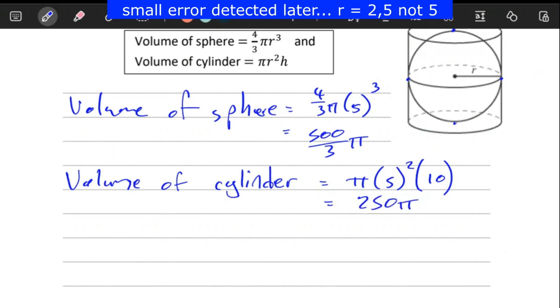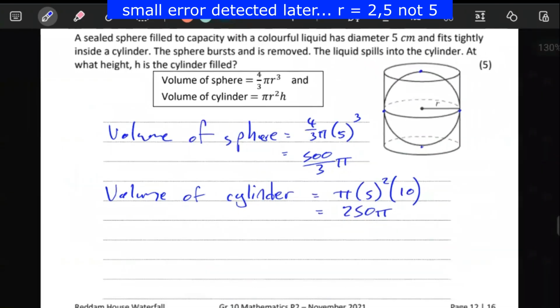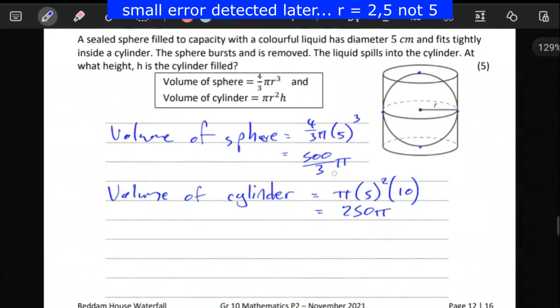So now you obviously know that the volume of the sphere is lower than the volume of the cylinder. When all the volume of the sphere goes into the cylinder, keep in mind that only 500 over 3 pi goes into the cylinder.